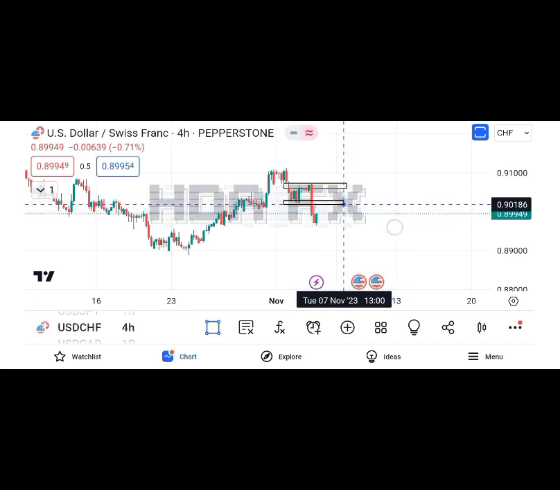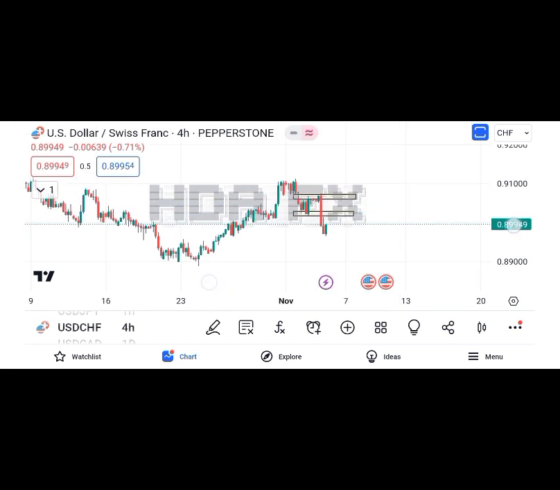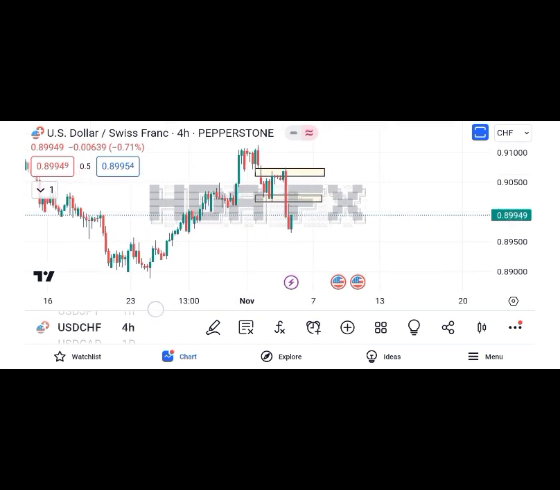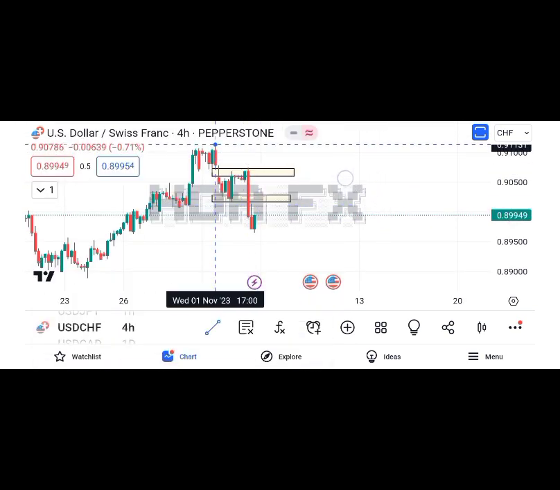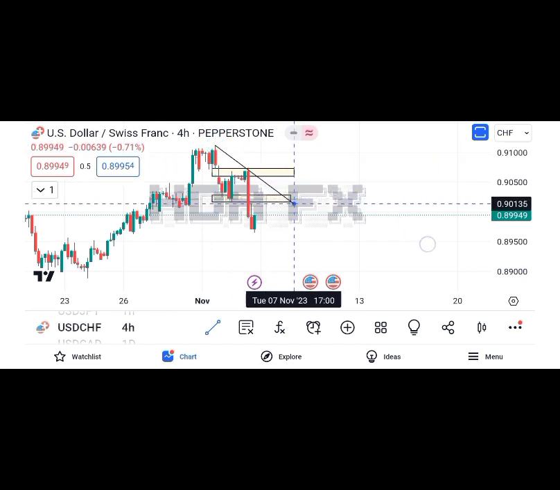We also have a beautiful zone here, a nice one. And we also have a trend line here.